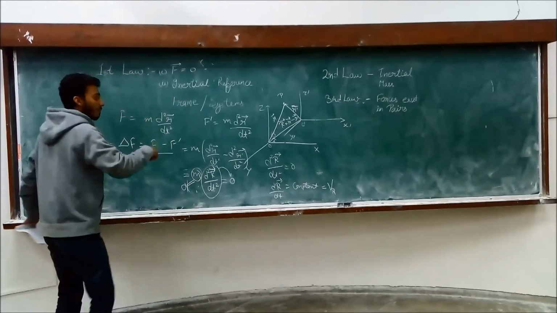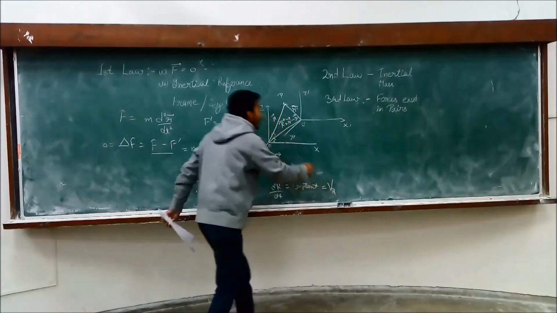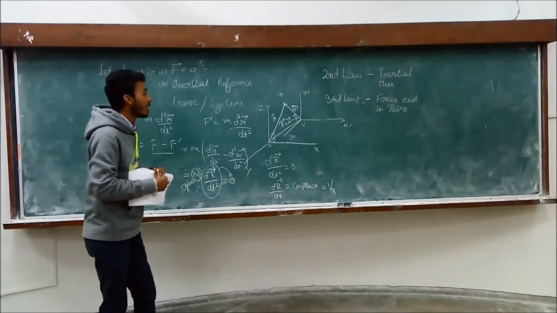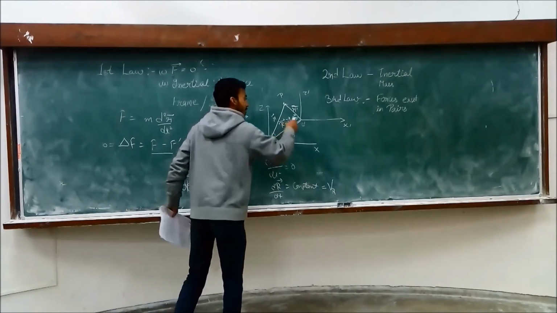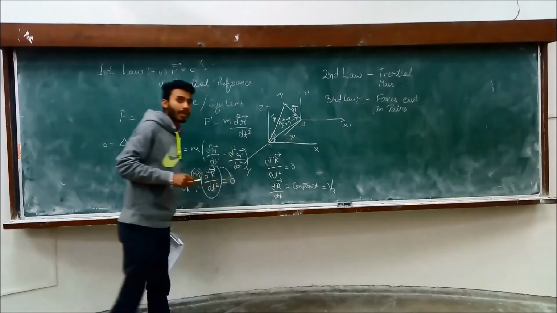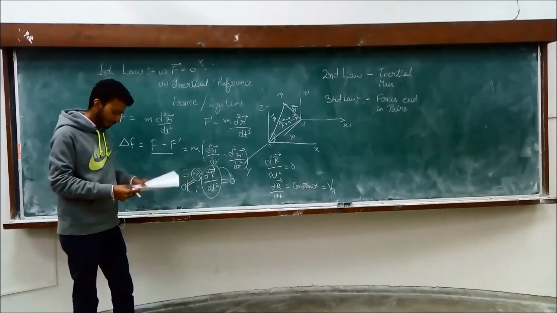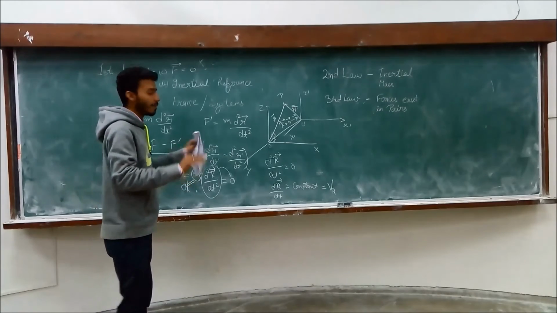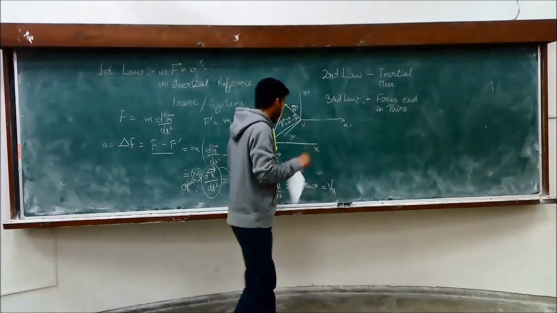So from here we can get that the inertial frames are those frames which travel with constant velocity with respect to each other. Constant relative velocity, you can say that. And so let me give you another example. You will get the reason behind it.